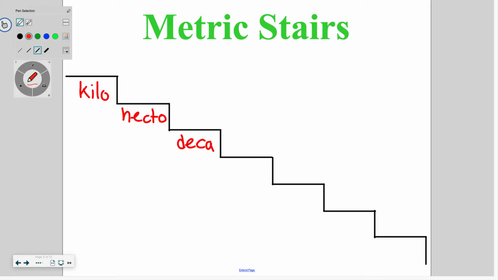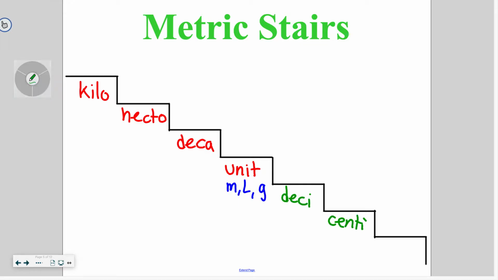Right here is the unit, which is going to be meters, liters, or grams.